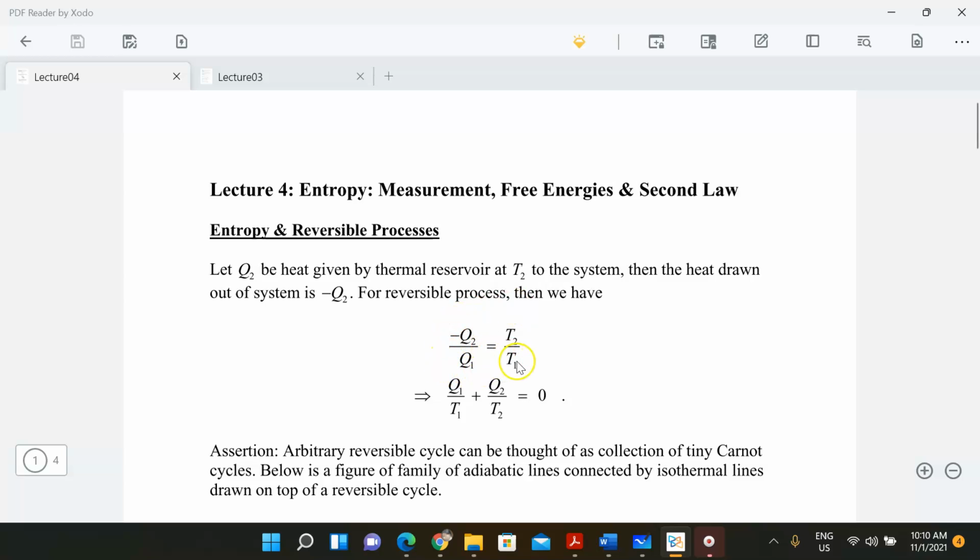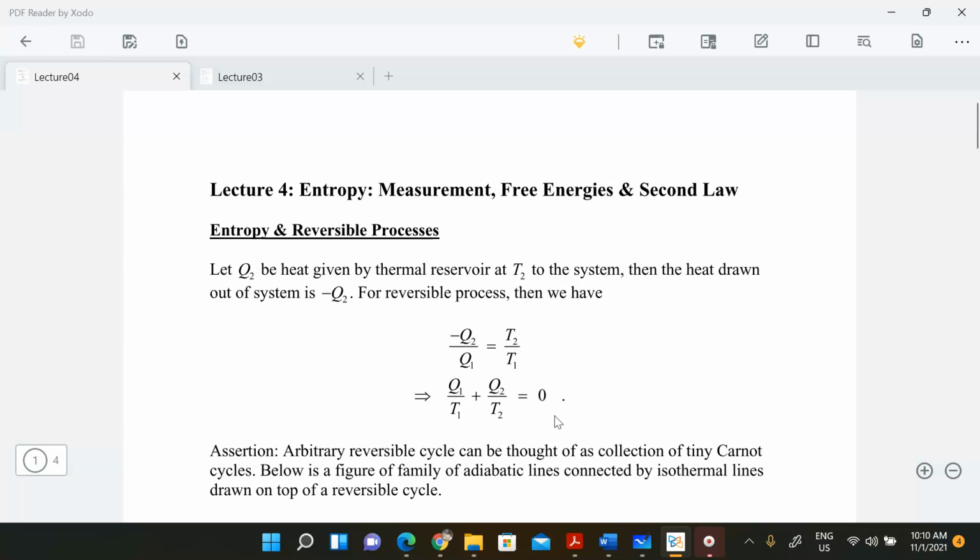we can rearrange this. For example, Q2, you take T2 on the other side and Q1 on the other side, and then you rearrange the equation. Then you get this equation: heat divided by the temperature under this particular reversible process is going to give you equal to 0. Okay. So this is coming from the previous picture.